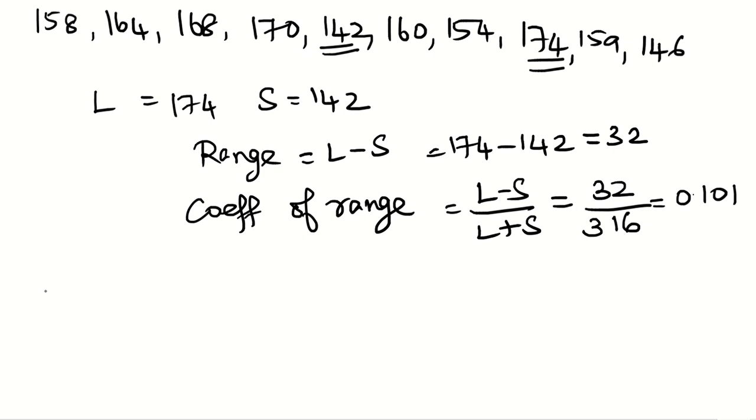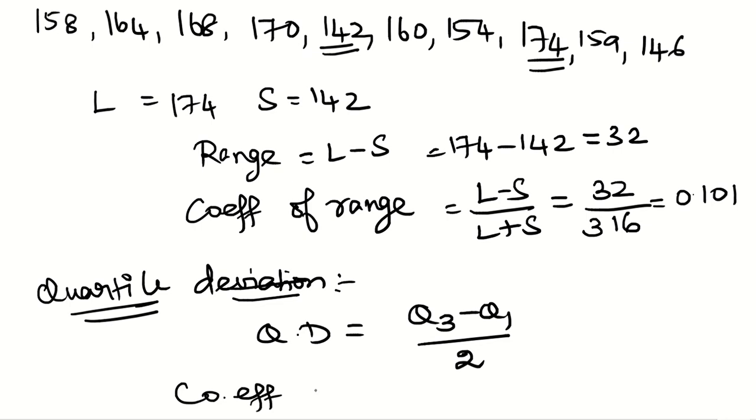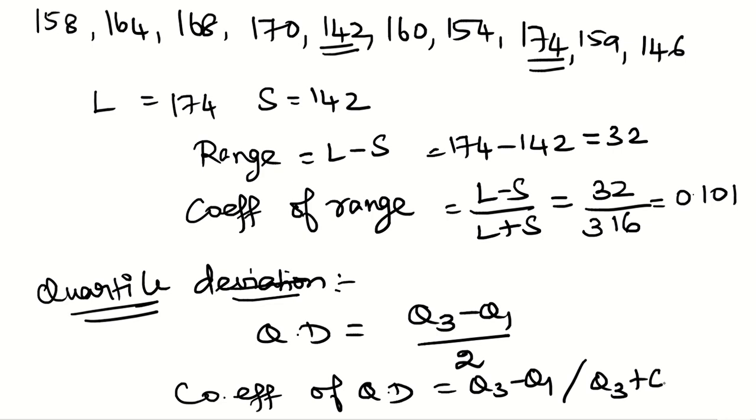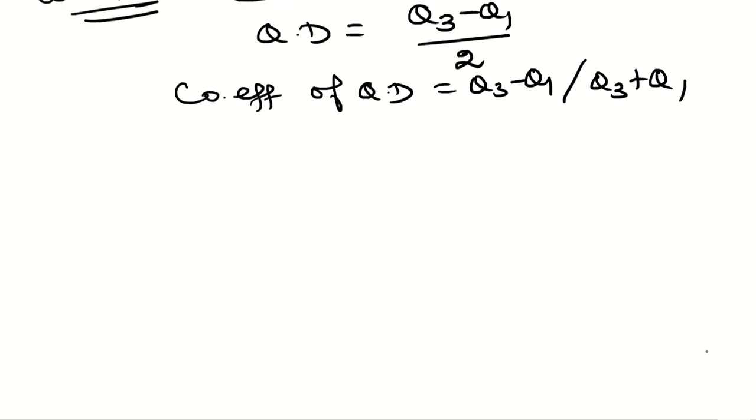Now let us learn about the quartile deviation. Quartile deviation is given by the formula Q3 minus Q1 divided by 2, and the coefficient of quartile deviation is given by Q3 minus Q1 divided by Q3 plus Q1. Now let us calculate a quartile deviation for grouped continuous data.